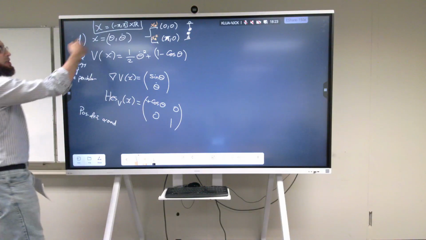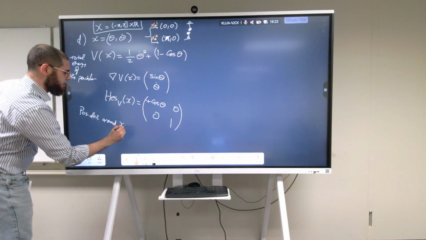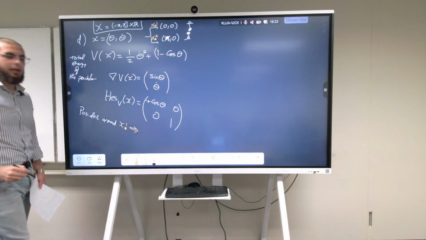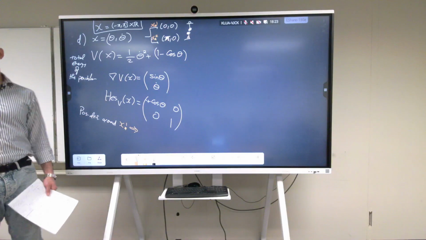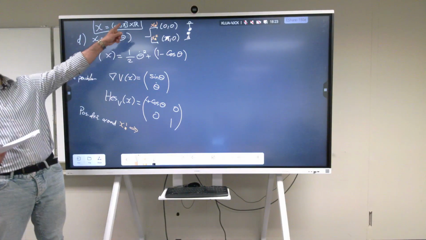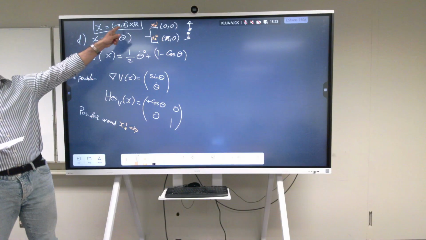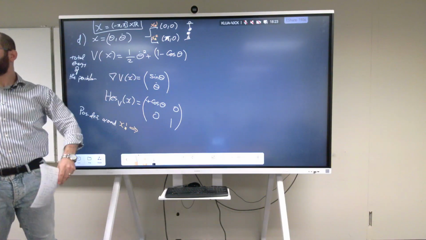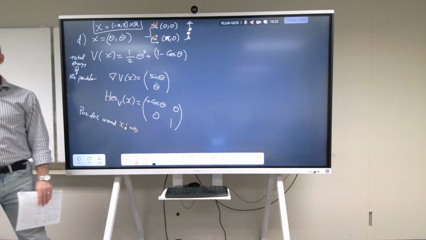So evaluate the positive definiteness of V around x star 1, what do I conclude? It's locally positive definite. Why locally? Because in the state space, it's only at that location.